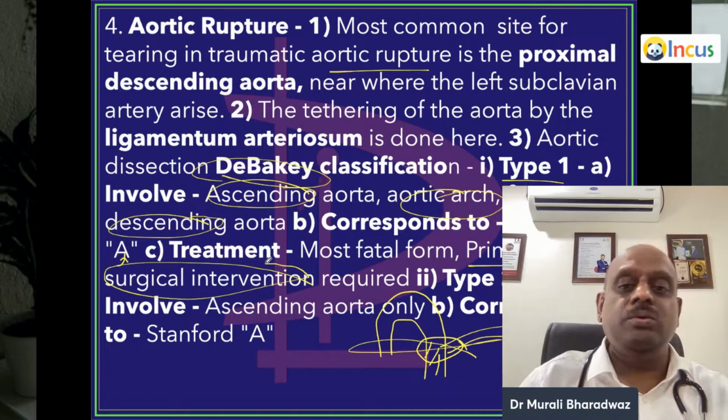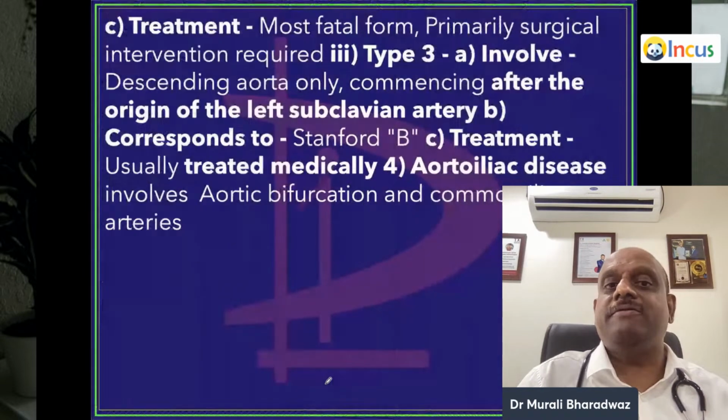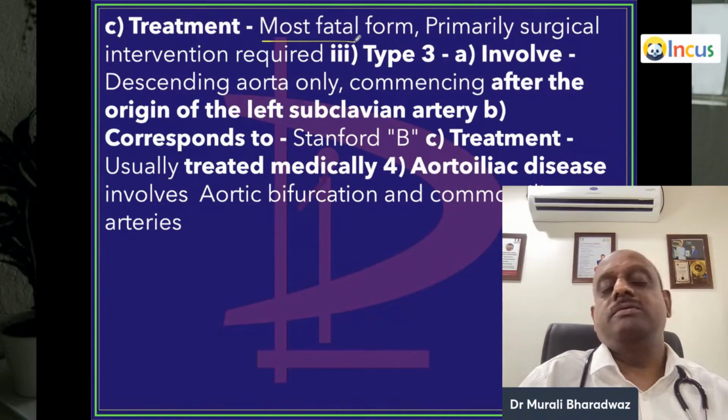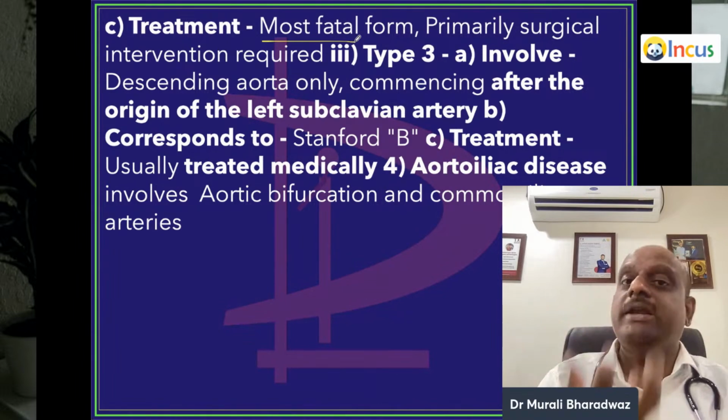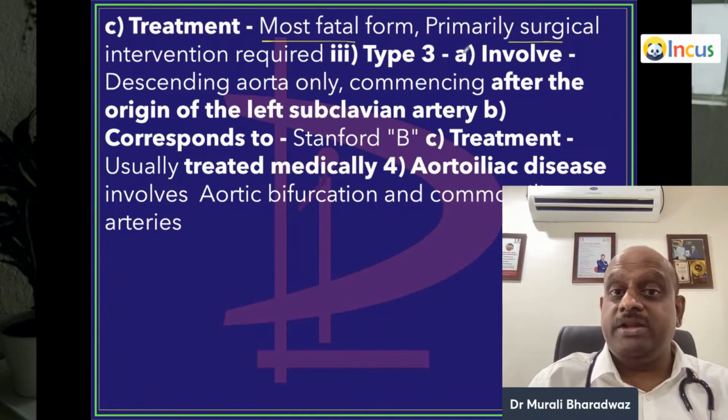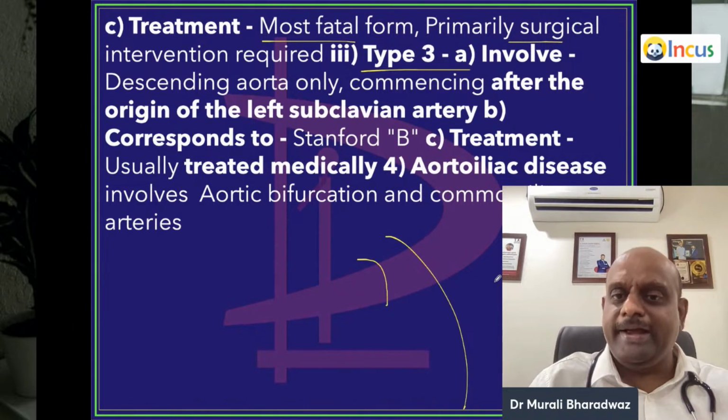Whereas in type 2, only ascending aorta is involved, and typically it also corresponds to Stanford A. Then the treatment, it is also fatal, because whenever ascending aorta is involved, it is fatal. So that's the reason for surgery. Whereas type 3, only descending aorta is involved, not the ascending aorta, right?